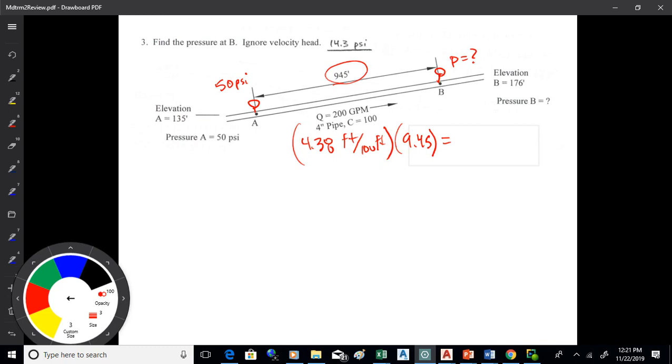That's based on the head loss per 100 feet times the length of the pipe in 100-foot lengths. So 4.38 times 9.45 is 41.39. And that's feet. Okay, so we're doing all right with that?